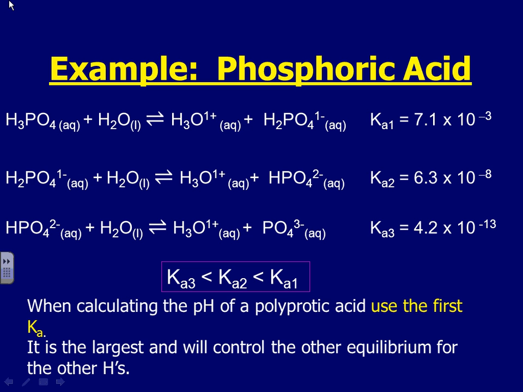The number of H pluses contributed to the overall H3O plus concentration by the second and third are so tiny, so far down in the list of significant digits, that we can ignore them. So we only deal with the first Ka when we calculate a polyprotic acid. That simply supports what I told you in general. Just deal with the first one falling off. Don't worry about the others.